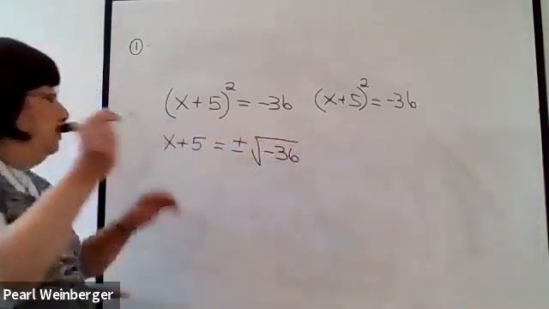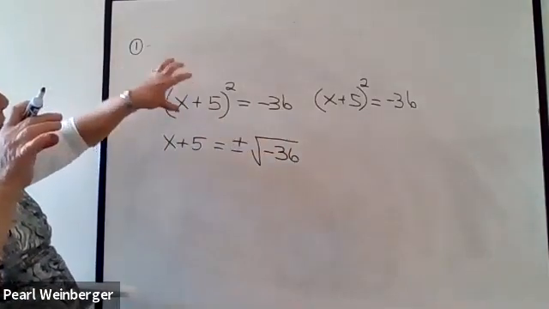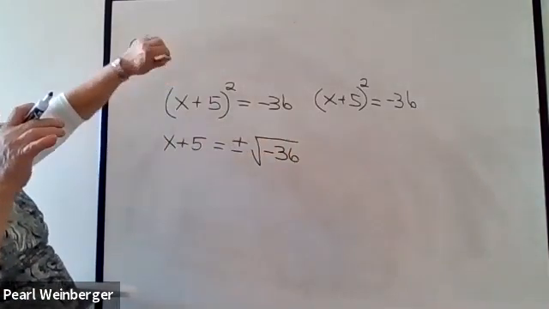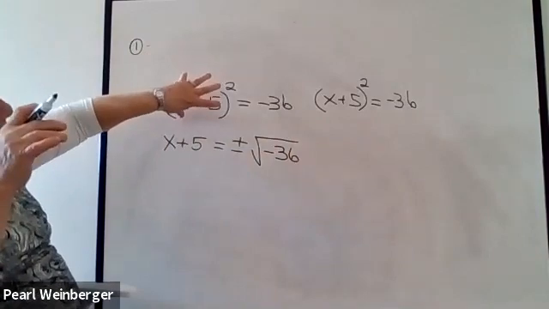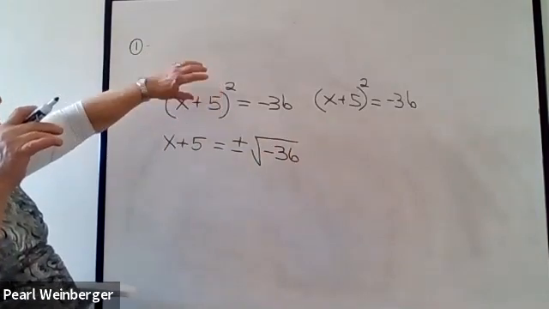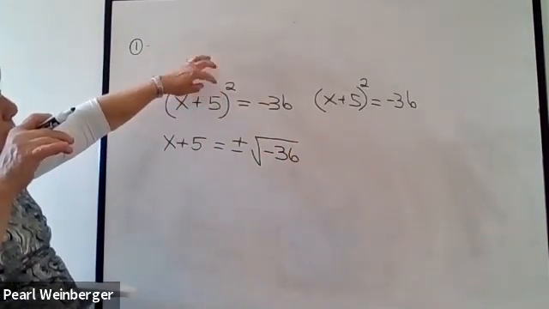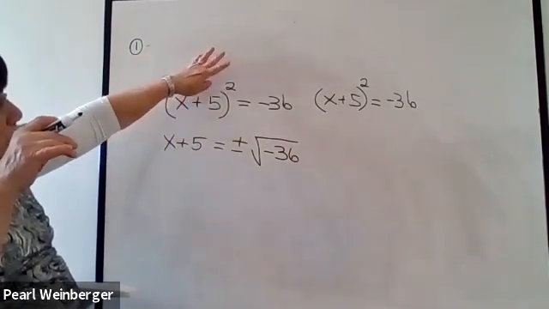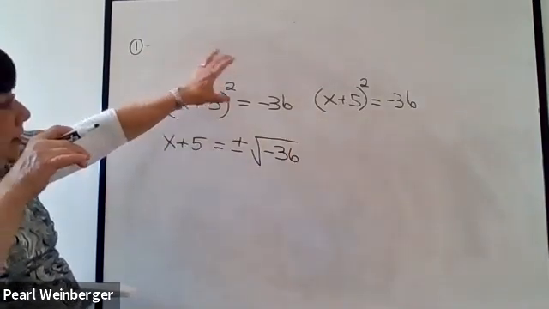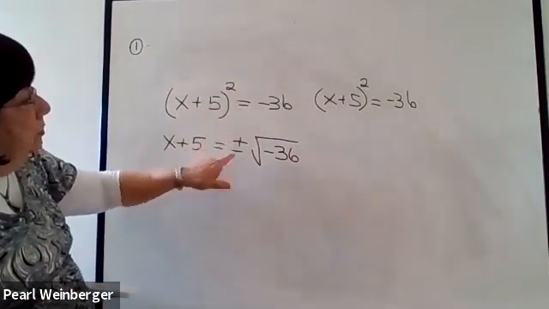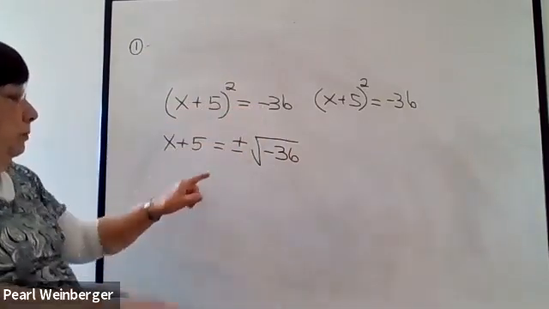So whenever we're using the square root method, whether it's just an x squared or even some polynomial squared, I take the square root by removing the square on that side, and on the other side you do plus or minus the square root of the number.